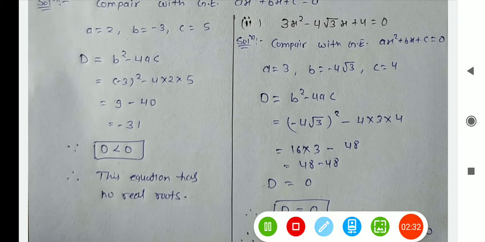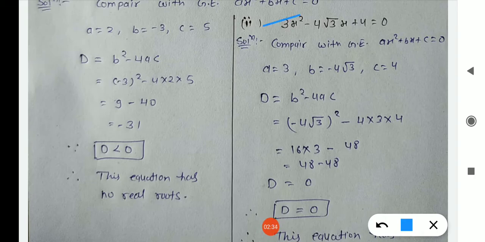Now I take question number two: 3x square minus 4 root 3 x plus 4 equals 0. Again we compare with the general equation ax square plus bx plus c equals 0. We get a equals 3, b equals minus 4 root 3, and c equals 4. Now I take D equals b square minus 4ac.